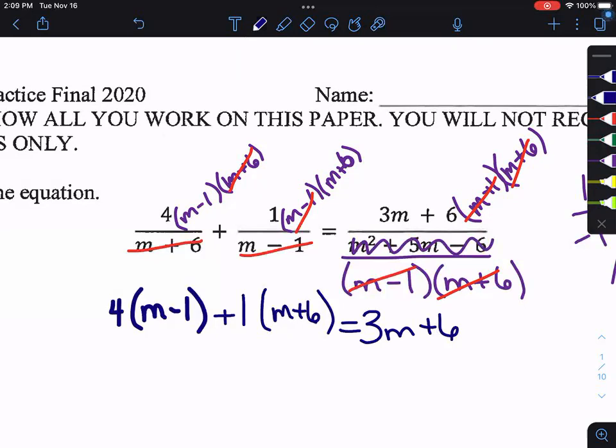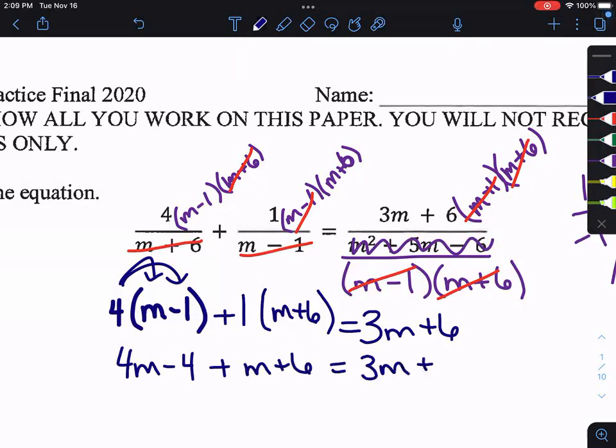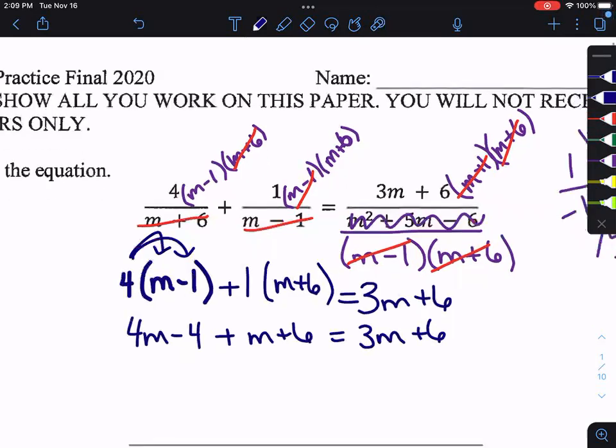Now we need to go ahead and simplify to get rid of our parentheses. So we're going to distribute. So 4m minus 4 plus m plus 6 equals 3m plus 6. And then we just want to take this equation and solve for m, combine the like terms next.